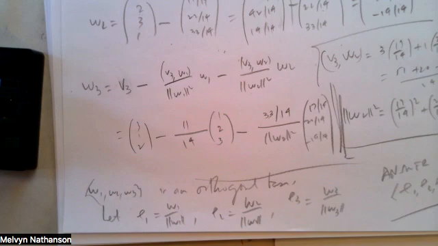So, you know, sometimes you have to do some work. And in this case, you have to do a lot of work. But is there any question about the method as opposed to the arithmetic?